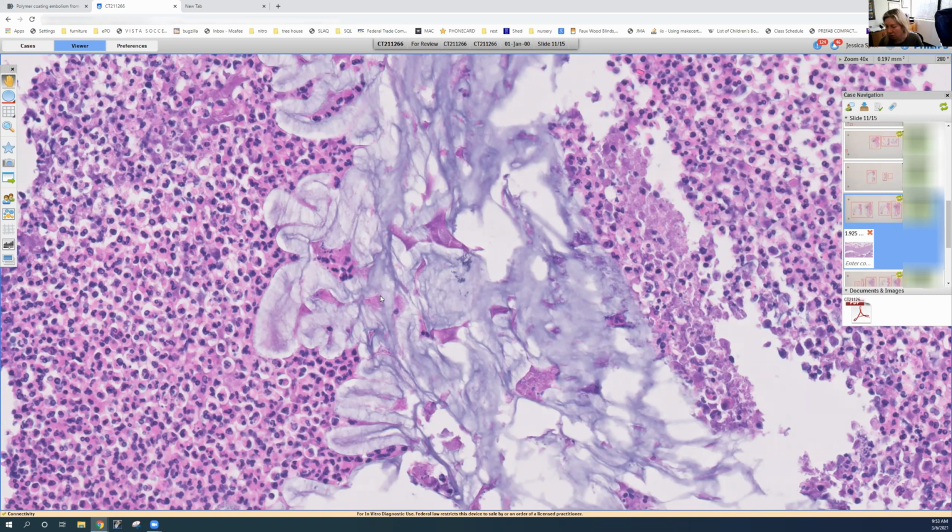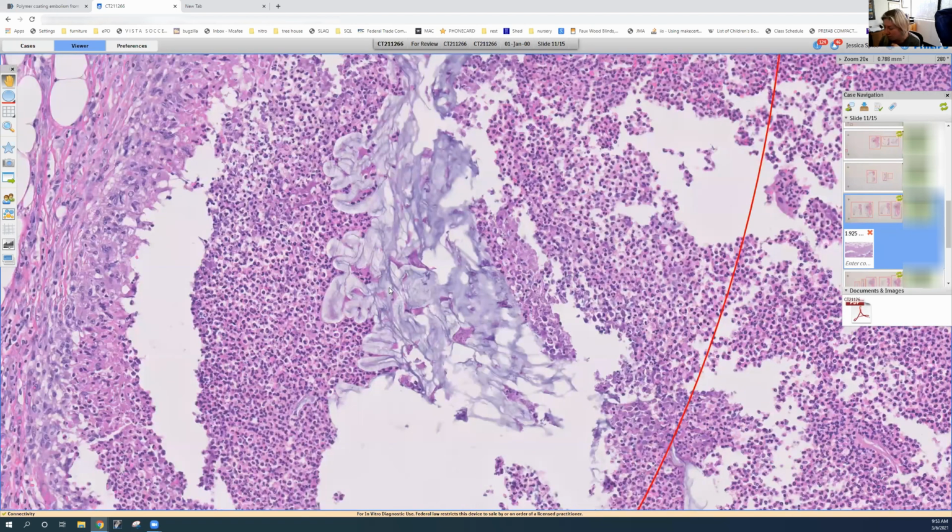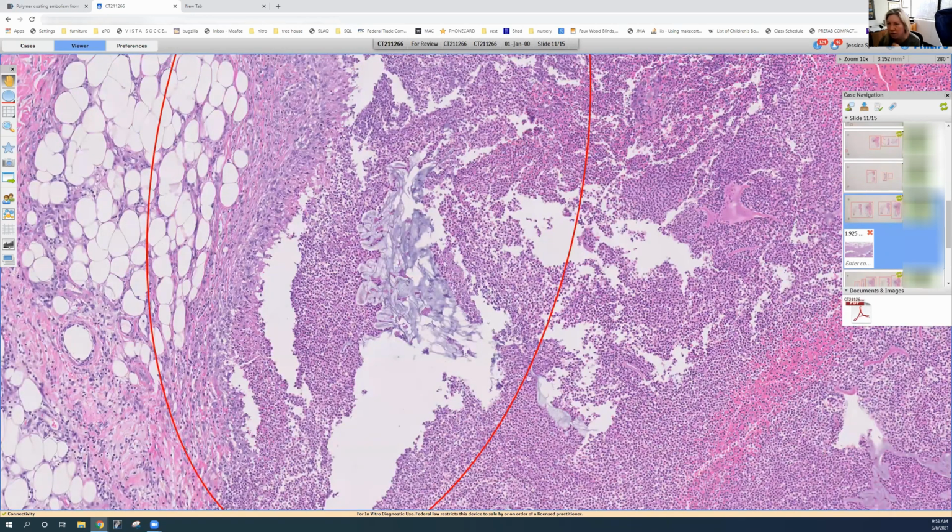This is a very rare phenomenon, first recognized in 2009. These are the hydrophilic polymers used to coat intravascular devices to reduce friction between the device and the vessel wall. And they can strip off those devices and run free through the vascular system. We actually don't see it in a vessel here. We see it out in the tissue in an abscess.